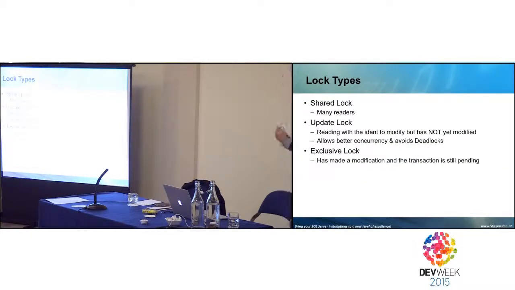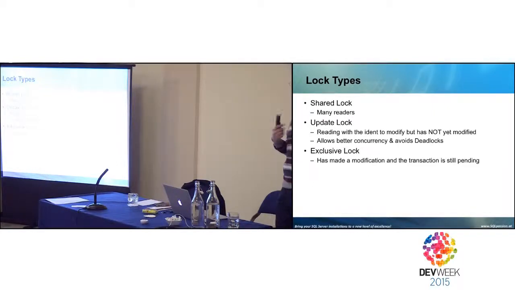When we talk about the various locks in SQL Server, we have the shared lock, which is acquired by our select statements. We have an exclusive lock, which is acquired when we perform insert, update, delete statements. And in the middle of the two, we also have a so-called update lock. When we look at an update execution plan in SQL Server, the first thing when you update a record is that you have to find that record.